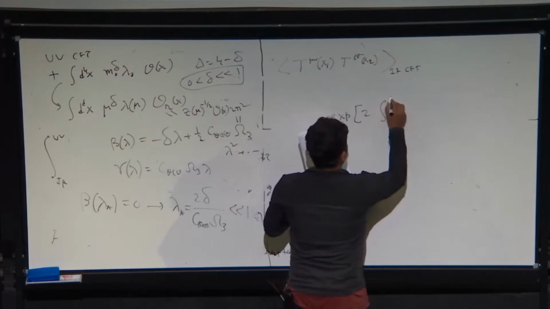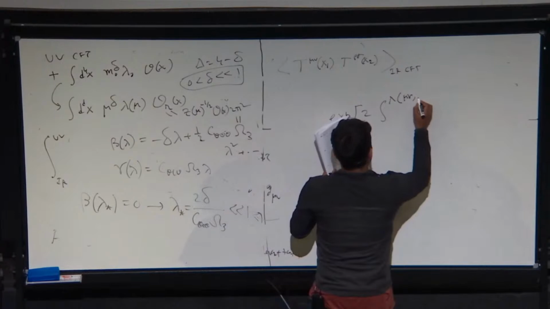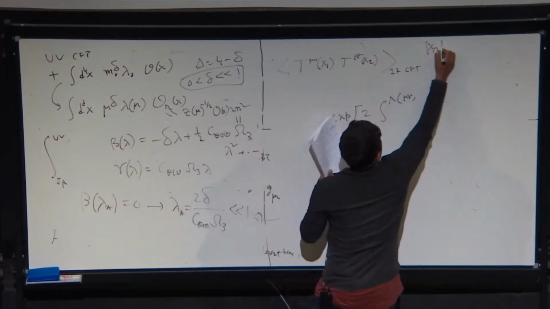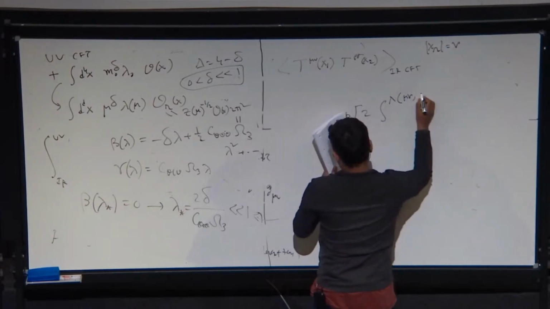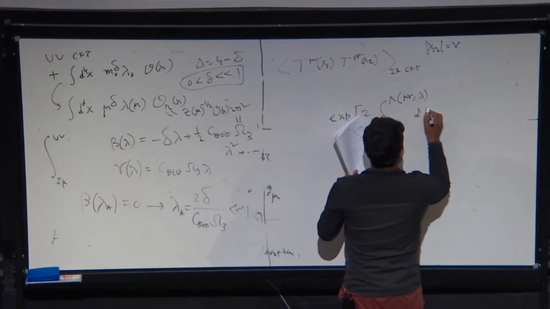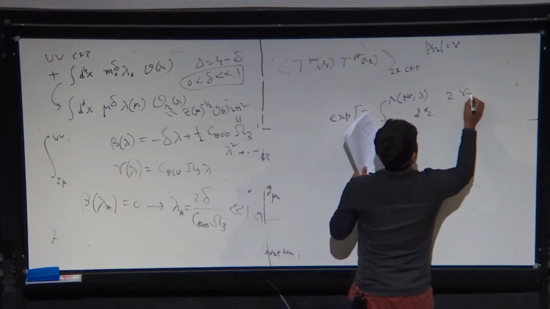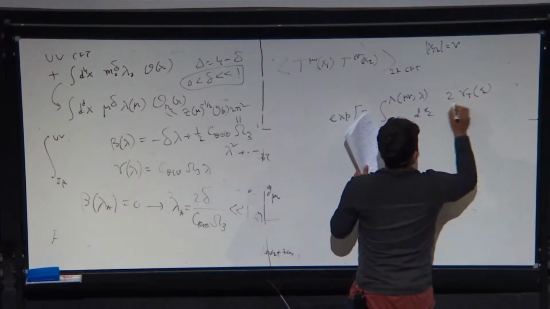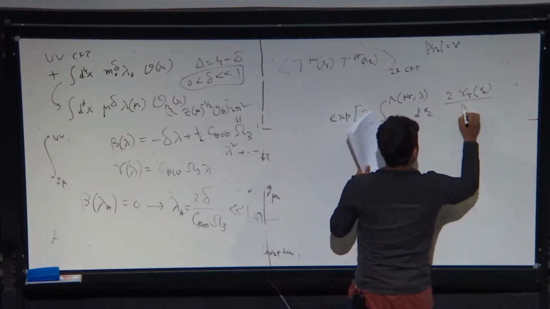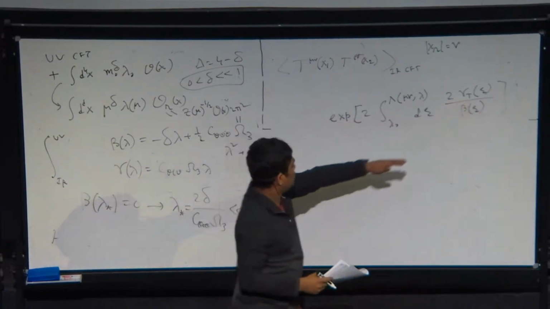This is some running coupling at the energy scale mu, where the distance between x1 and x2 is given by R. If the stress tensor had some anomalous dimension, then the expression would be this, but since the stress tensor doesn't have anomalous dimension, we end up with this.